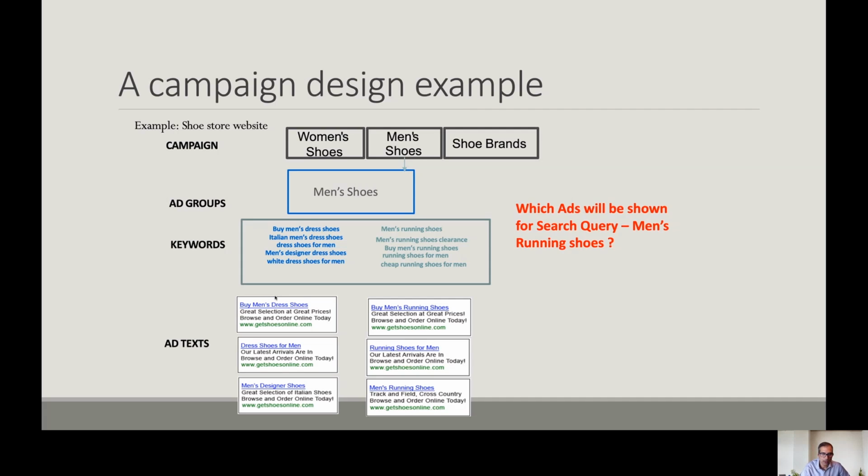We also have a set of ads associated with this ad group. You can see that there are 6 ads here. The first one is buy men's dress shoes with that headline. Next to it, on the other side, is buy men's running shoes with that headline. So we have multiple ad texts like this.